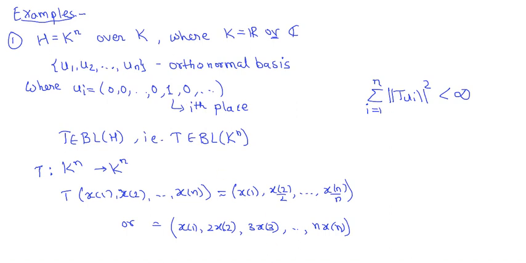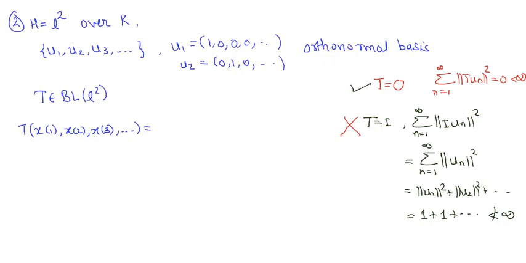But here it does not work because the sum is infinite. If I take identity on L2, this sum is never finite. So the identity operator on an infinite dimensional Hilbert space, on L2 at least, is not Hilbert-Schmidt. So identity does not work.